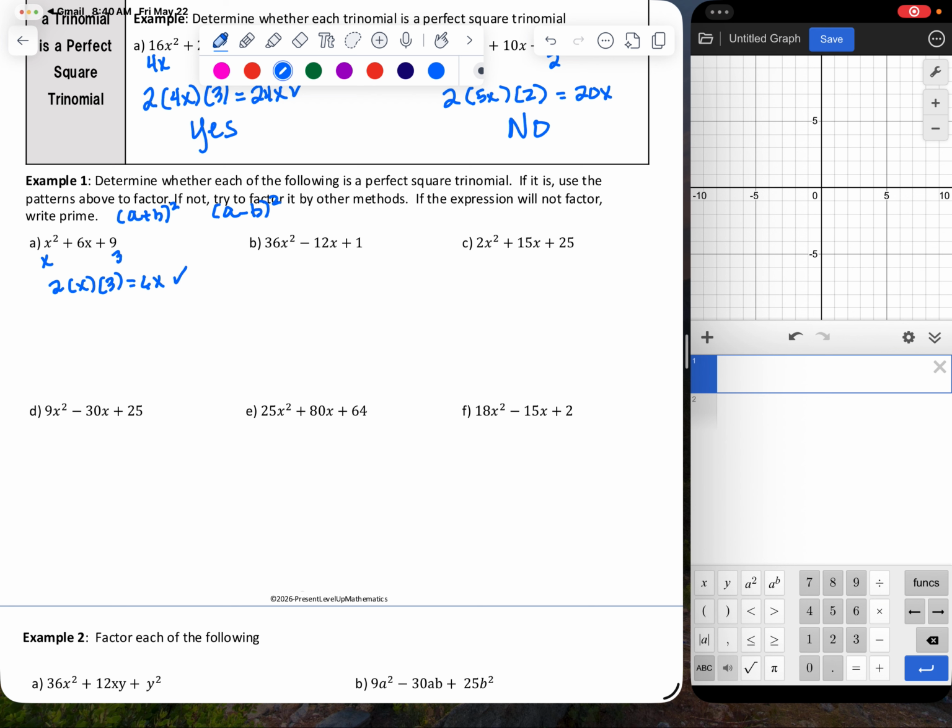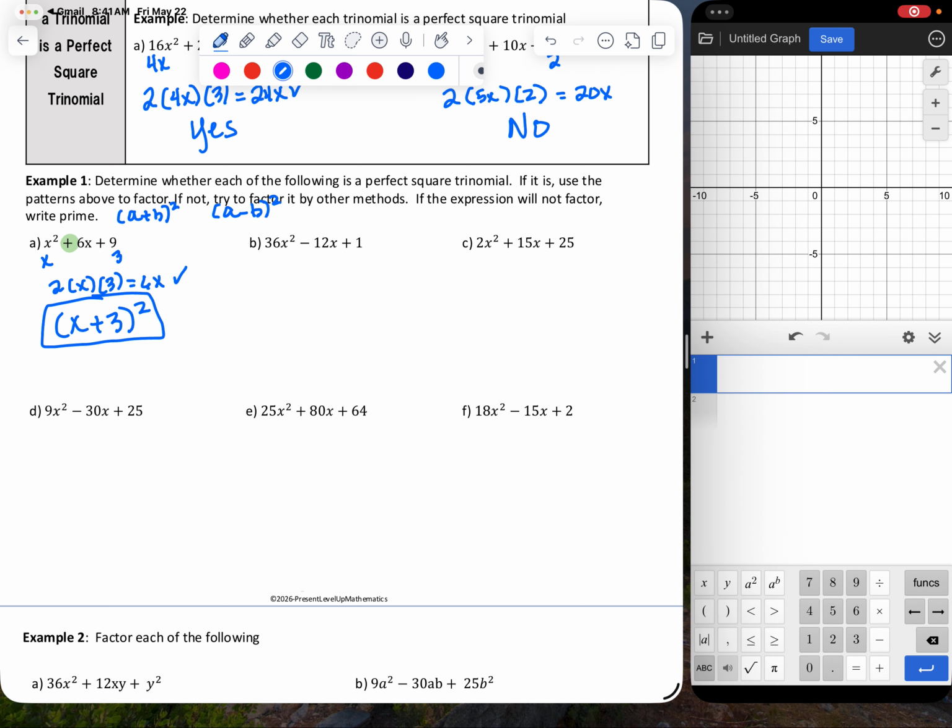So now we know we can use one of these patterns, either a plus b quantity squared or a minus b quantity squared. And since this first operation symbol is a plus, that means we'll use the a plus b quantity squared. So take your square root of your first term plus square root of your last term, quantity squared.